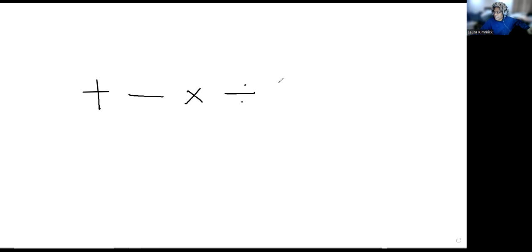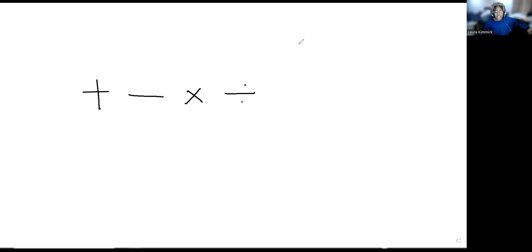Numbers are the most important part of math. And believe it or not, over 20,000 years ago, the Ishango bone, B-O-N-E, was used as a tally stick, a counting stick. And then we have whole numbers and fractions, and those are the two most important kinds of numbers.